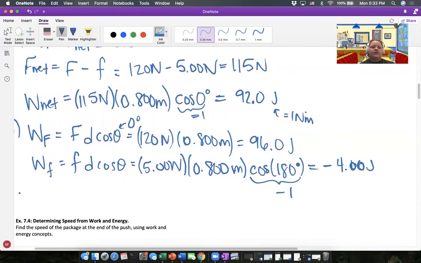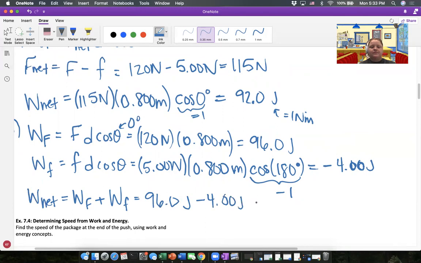All right, so now I can calculate my net work by simply adding up all of the other works. So my work due to my applied force plus my work due to the frictional force, that's going to be 96.0 joules minus 4.0 joules, which comes up to be 92 joules.